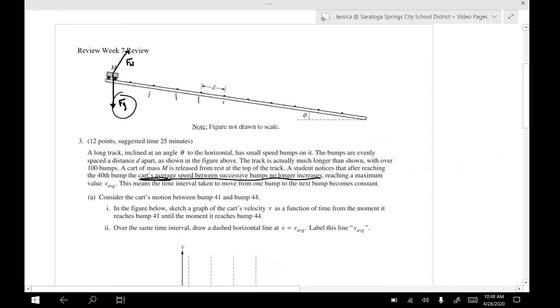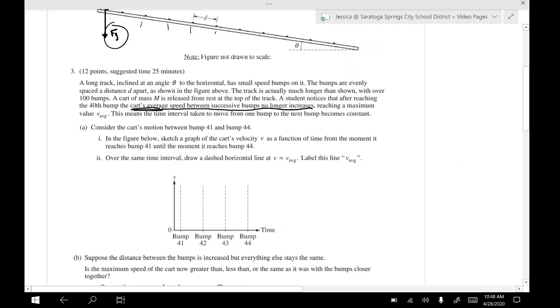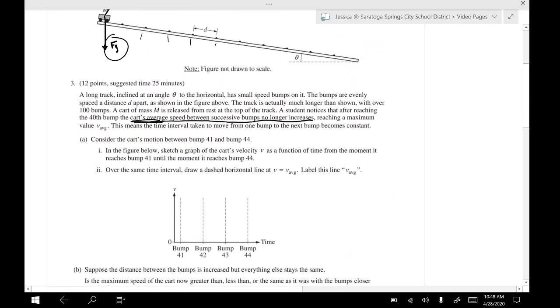So I'm going to go ahead and show that. Now, the average speed is the same, which means the amount the cart speeds up should be approximately the same for each interval. But when you hit a bump, you slow down. It's no different than a speed bump. So we're going to slow down over the bumps.